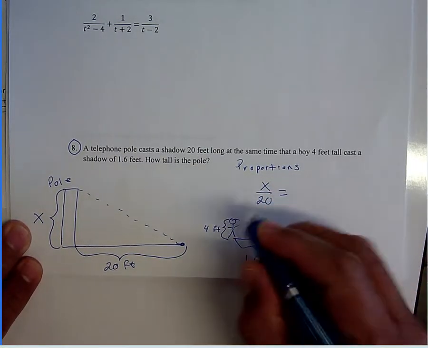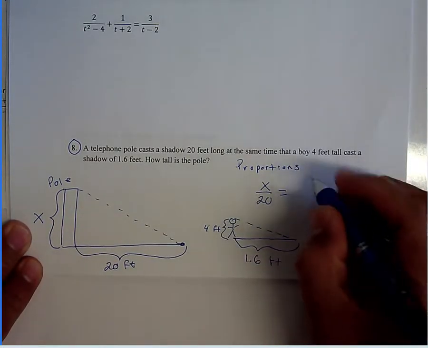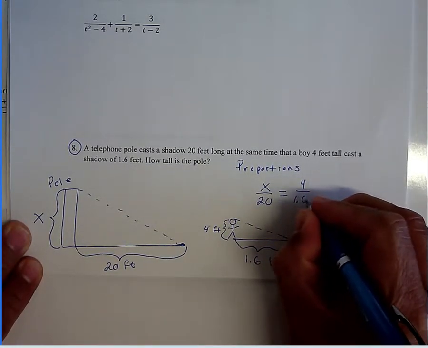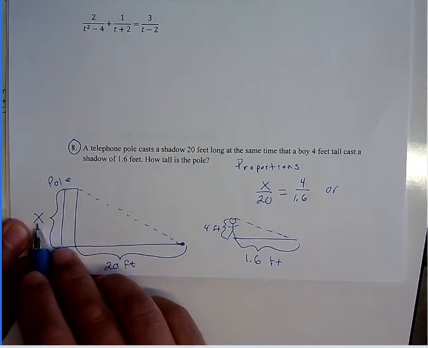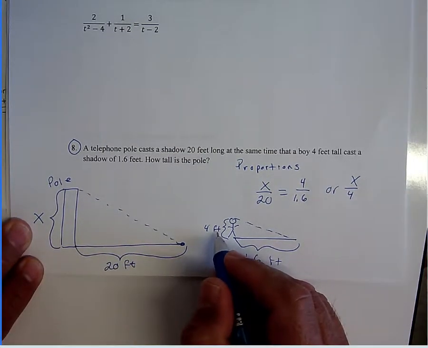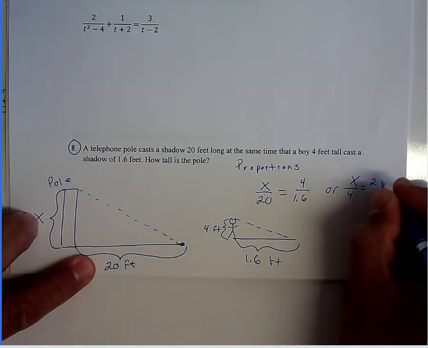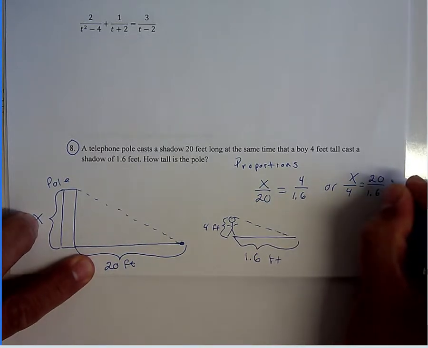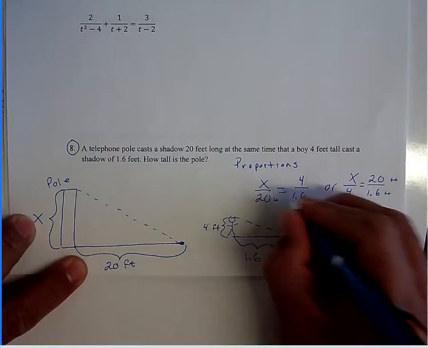It's equal to, x corresponds to 4, so 4 over 1.6. Or you can go across, x over 4, because they're corresponding sides, and then 20 over 1.6. This is feet, this is feet, and this is feet, and this is feet.